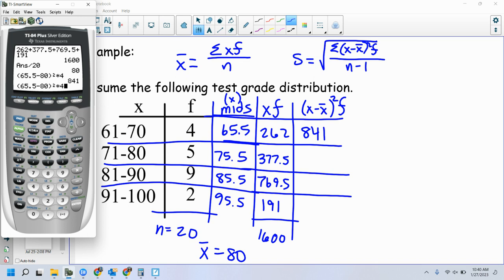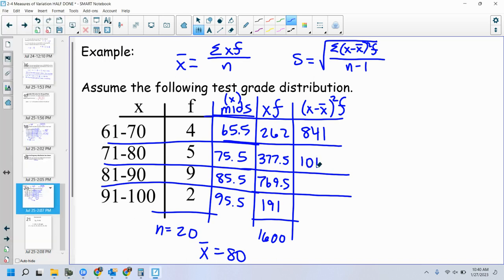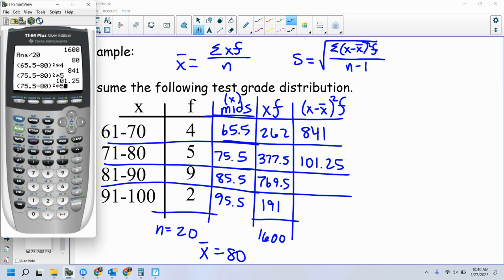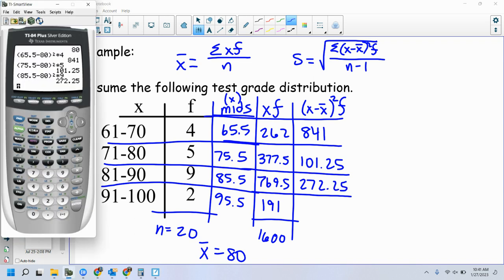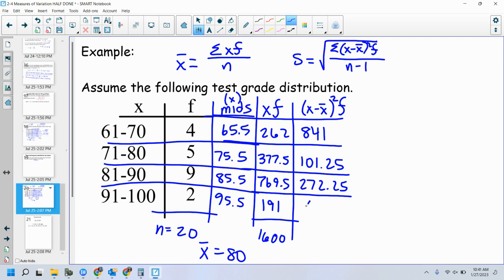Let's do that calculation again, but now with 75.5 and the frequency was 5 instead of 4: 101.25. Now the same thing for 85.5, and my frequency was 9: 272.25. And our last one, for the 95 range and 2 people: 480.5.